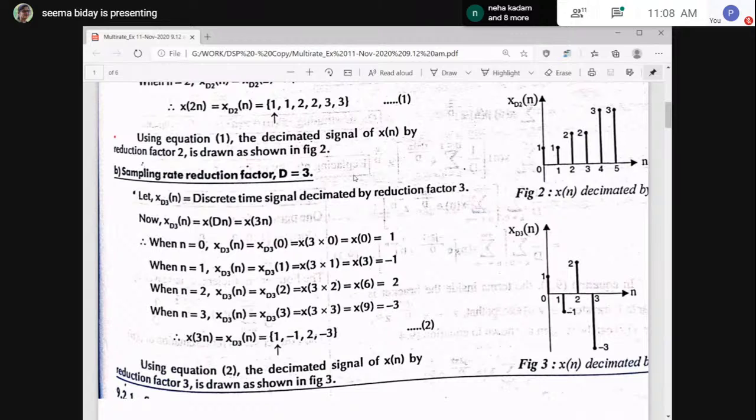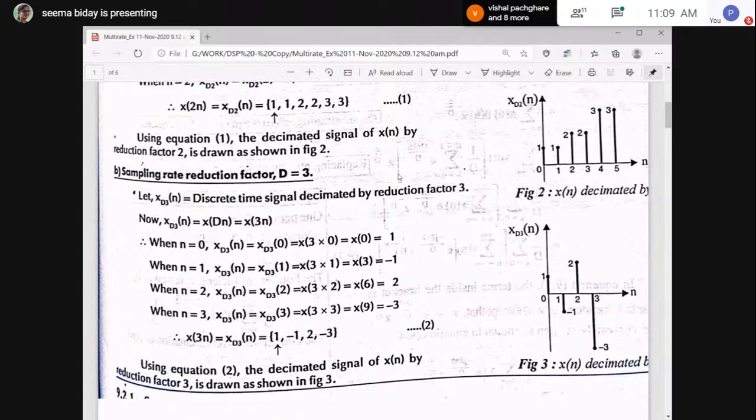That's why it is necessary to use an anti-imaging low pass filter with a bandwidth of pi by I in the interpolator. In the decimator, we again have to use a low pass filter, but it is not anti-imaging, it is an anti-aliasing filter. Next, after this slide, I will show you how it is actually happening.